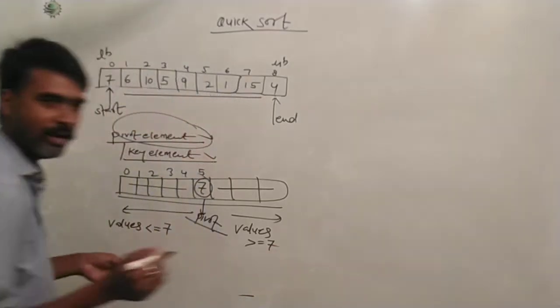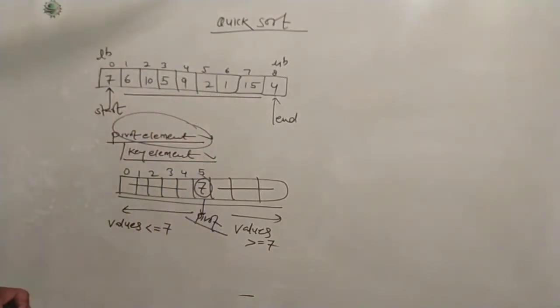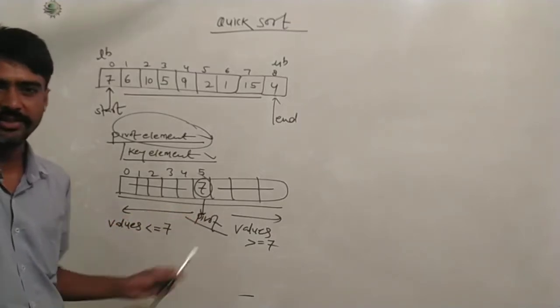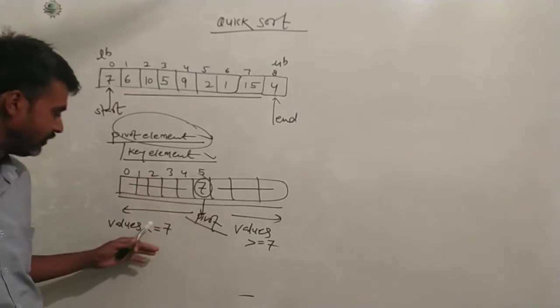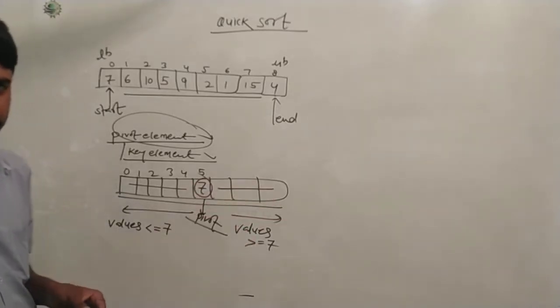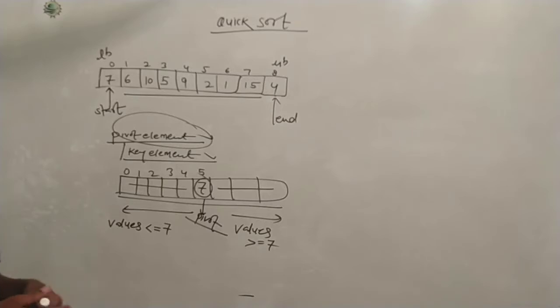If you have two elements the same, then you can shift that element to either side. You can shift that variable before the pivot element or after. It's your choice depending upon the algorithm we are using.